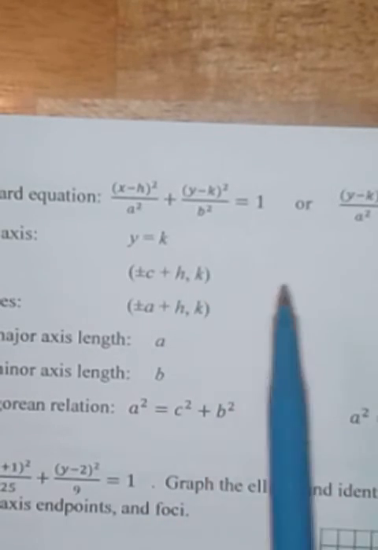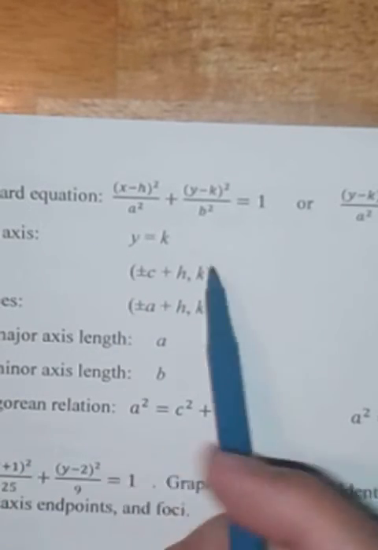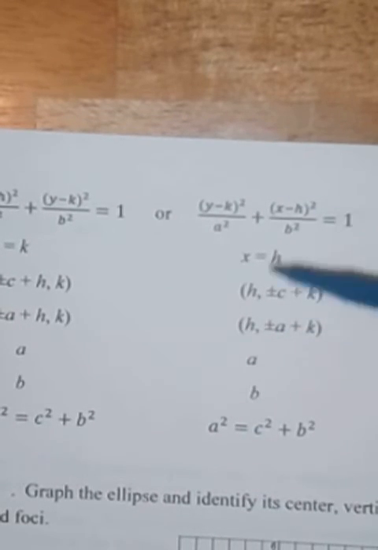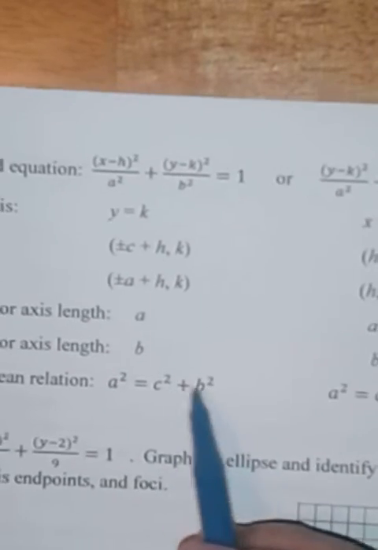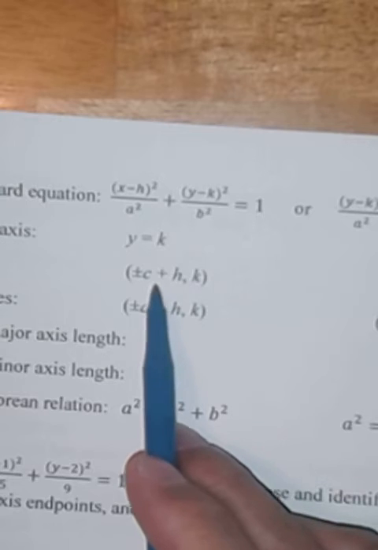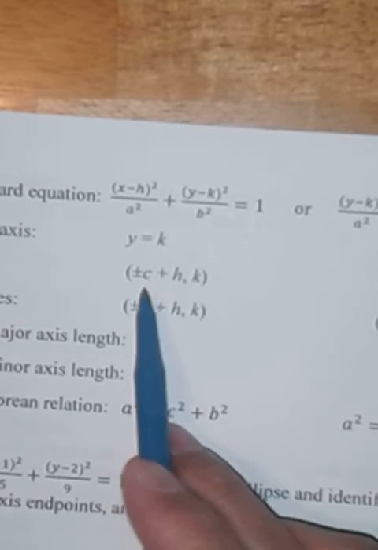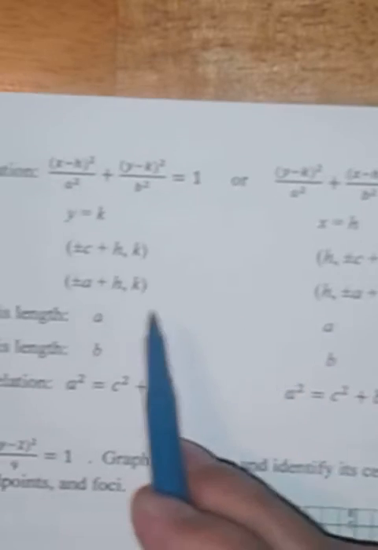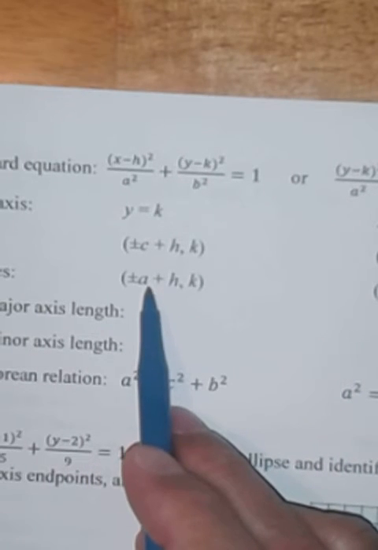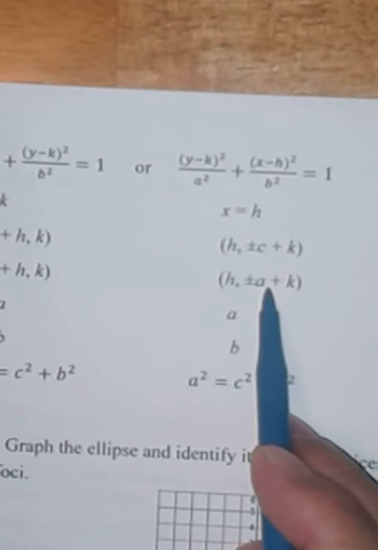So if it's horizontally longer, then it's y equals. If it's vertically longer, then it's x equals. Your foci are c to the left and right of center, or up and down from center. Your vertices are a to the left and right of center, or a up and down from center. All right, and everything else is the same.